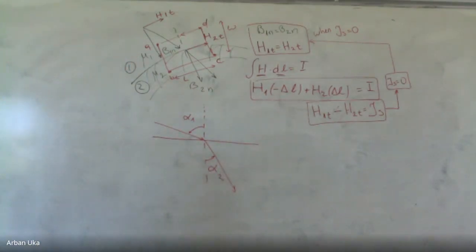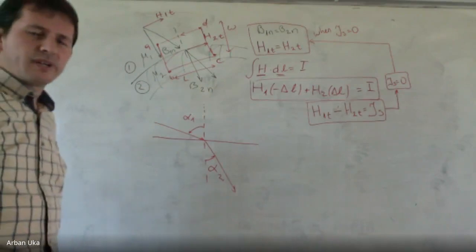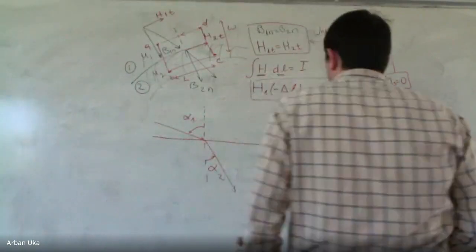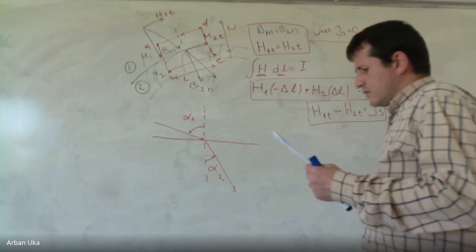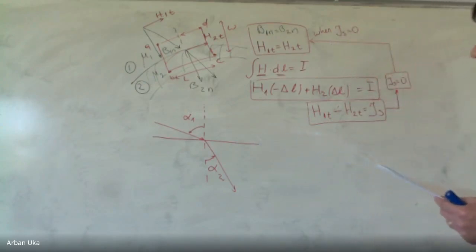Let's assume that we have a separation between two different planes that looks like this. So we have an incident magnetic wave, and we have this change of the angles.